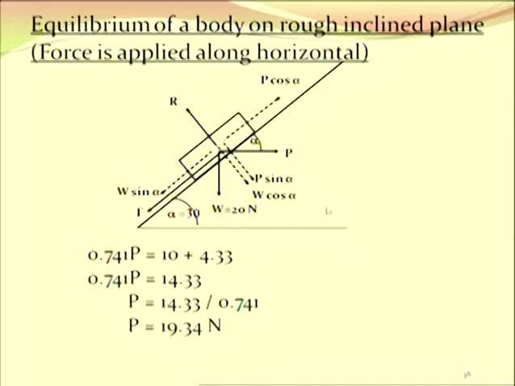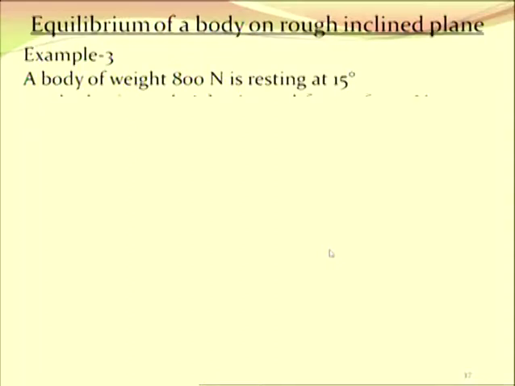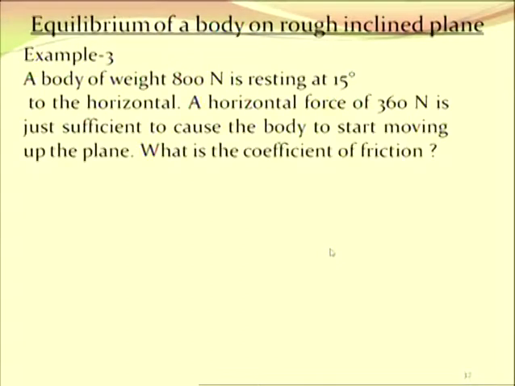So here we have solved the second example. Let's see the third example. Data given in this third example is a body of weight 800 Newton. So capital W is given to us, that is 800 Newton, at an angle 15 degree to the horizontal.